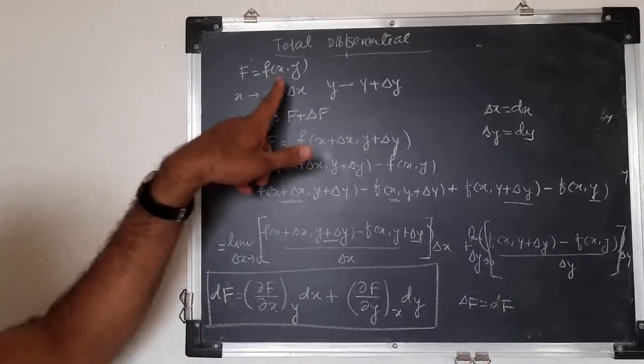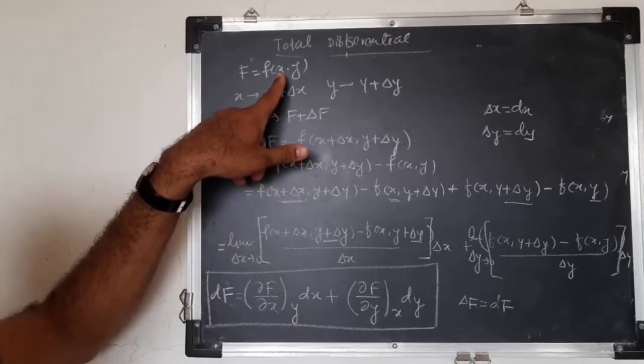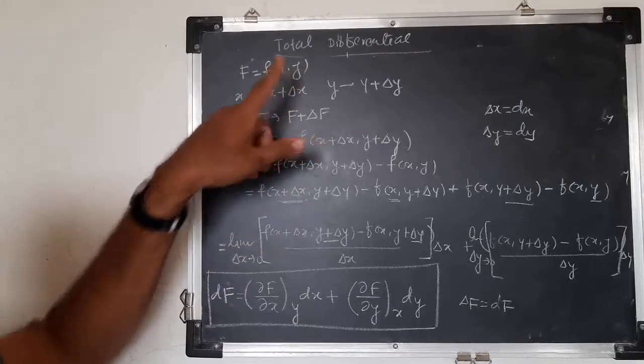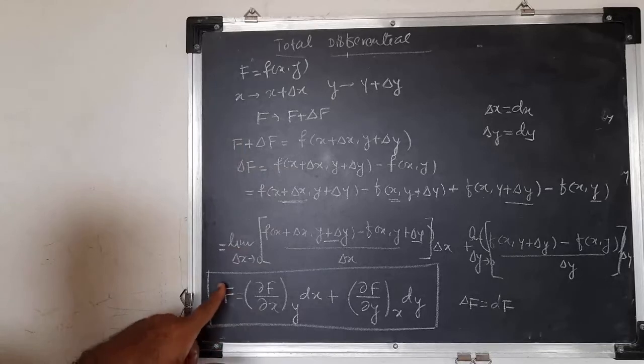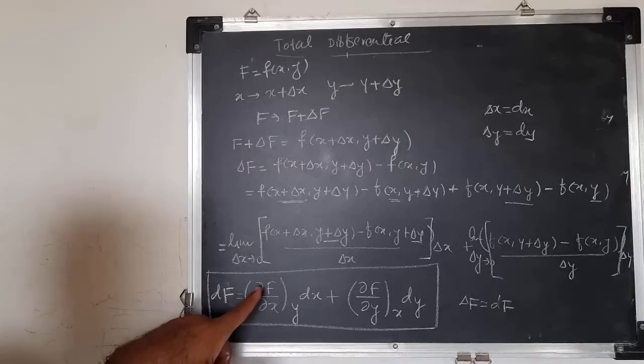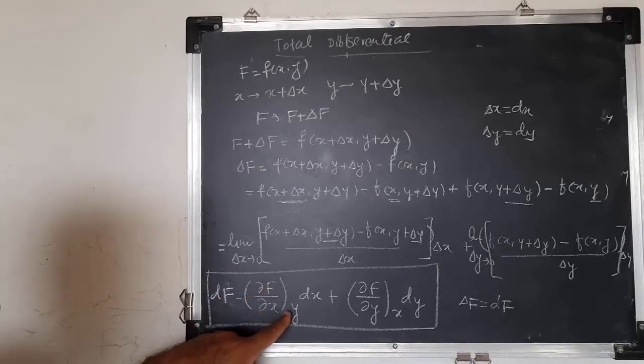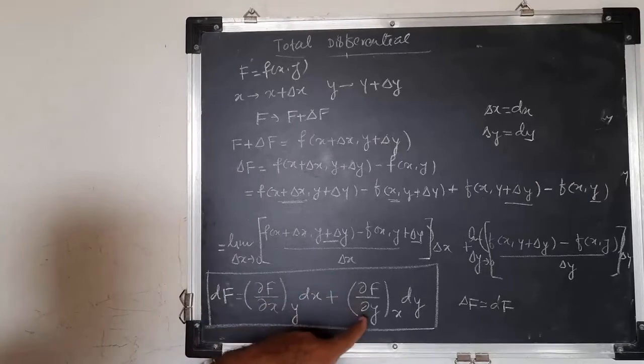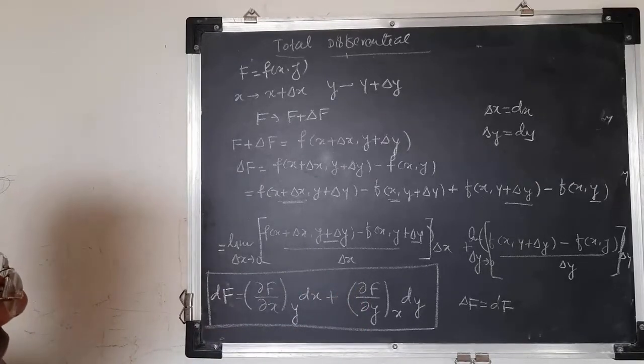So f is a function of two variables, x comma y. So df is equal to delta f by delta x times dx plus delta f by delta y times dy.